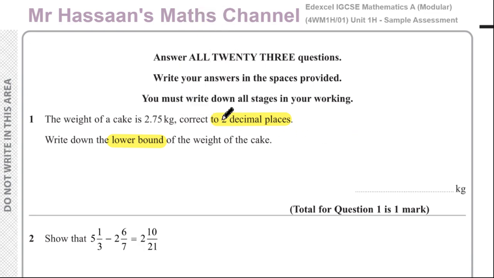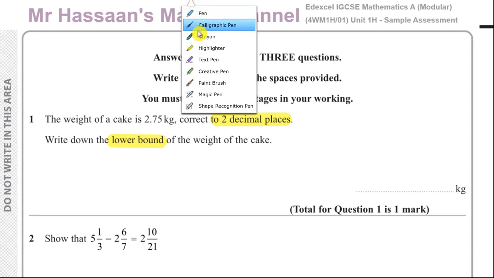when something's been rounded correct to a certain place value, to answer this question, what you need to do is think of the second decimal place. It's in the place of the hundredths. So you have your decimal point. Let me just make this a bit smaller.